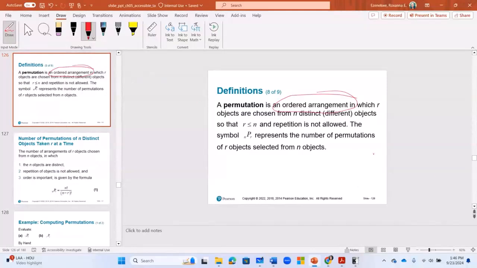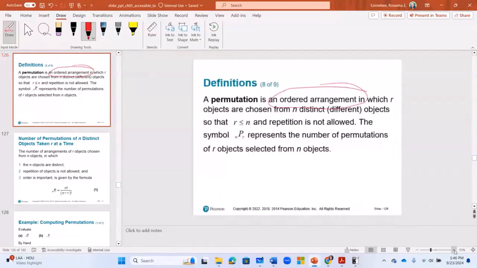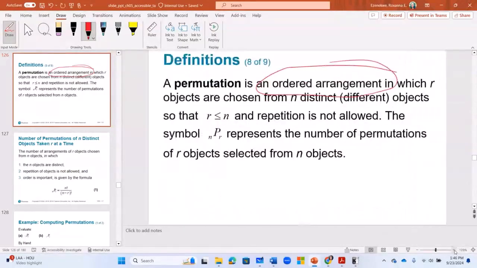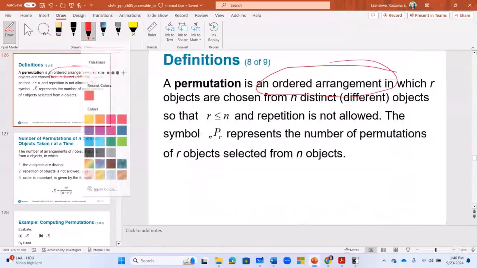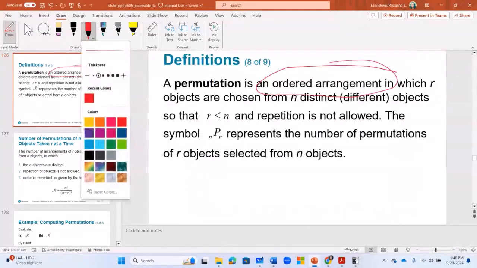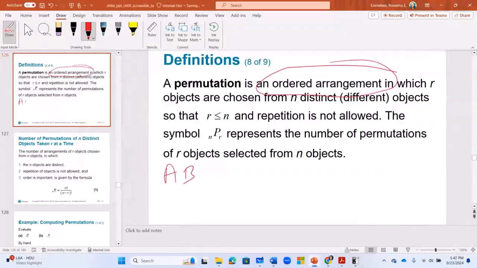So let's actually start talking about those ABC again. Suppose I'm given 3 letters, ABC, and I am told to do an ordered arrangement of them, where order is important. I am going to do only 2 or 3 of them. The first one is ABC, the way it is. The second one is ACB.